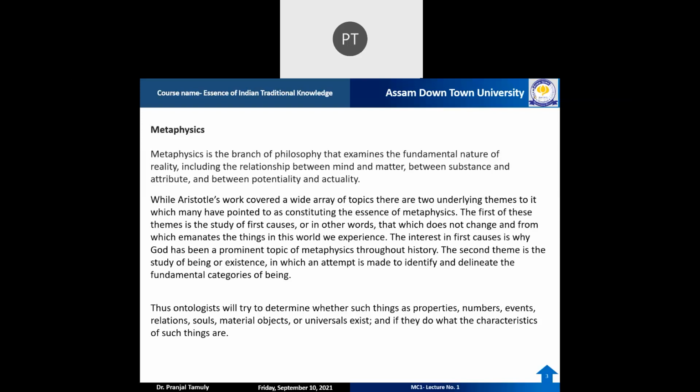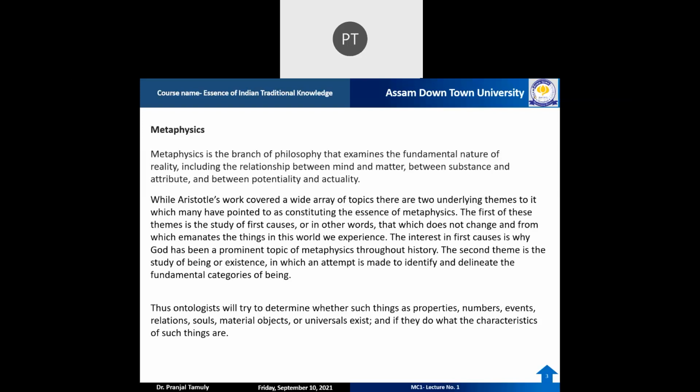The first of these themes is the study of first cause, or in other words, that which does not change, or from which emanates the things in the world we experience. The interest in first cause is why God has been a prominent topic of metaphysics throughout history.